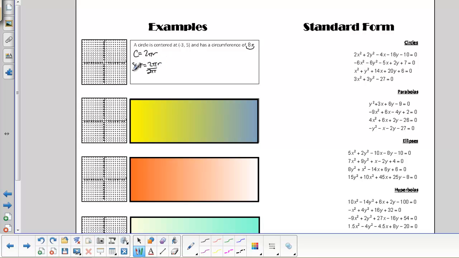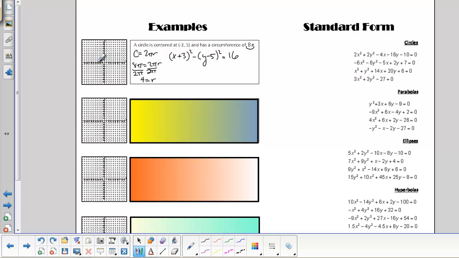Dividing out your 2 pi removes pi from the equation, and 4 equals radius. Now that we've done that, we can simply write our equation in standard form, which is x plus 3 squared plus y minus 5 squared equals 4 squared, which is 16.